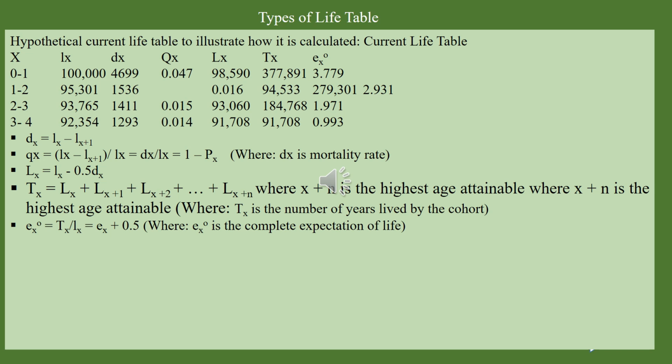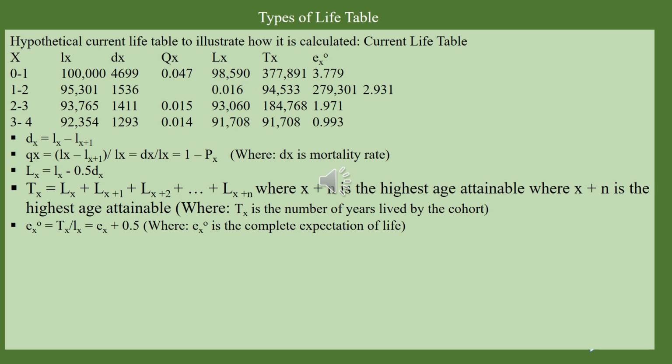To get ex raised to power 0, ex raised to power 0 is the complete expectation of life. That is the average number of additional years an individual of age x is expected to live under the prevailing mortality condition.